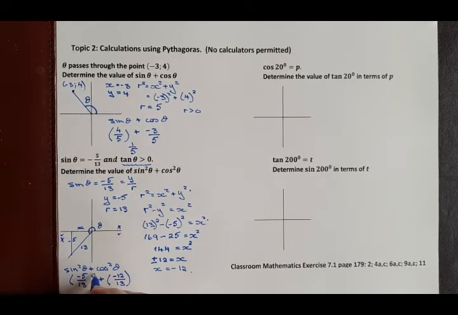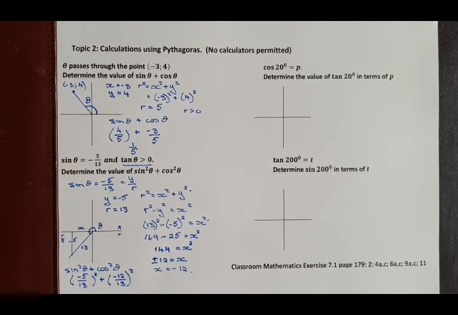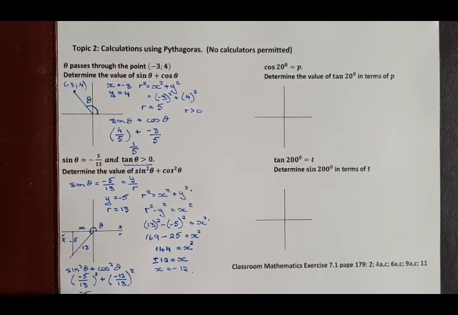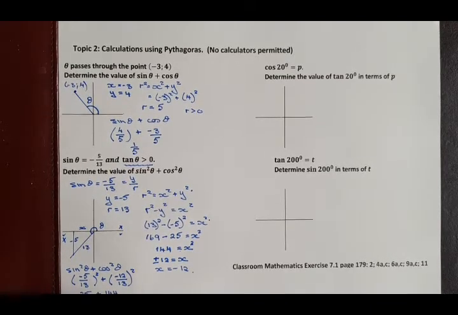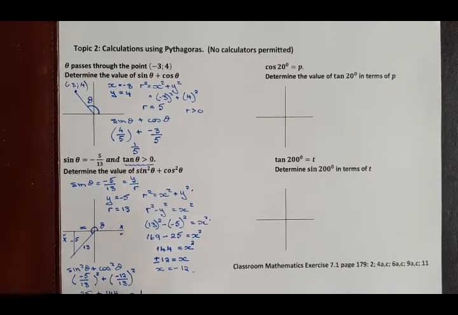And in both cases, we are squaring those ratios. This becomes 25 over 169 plus 144 over 169, which gives us an answer of 1.